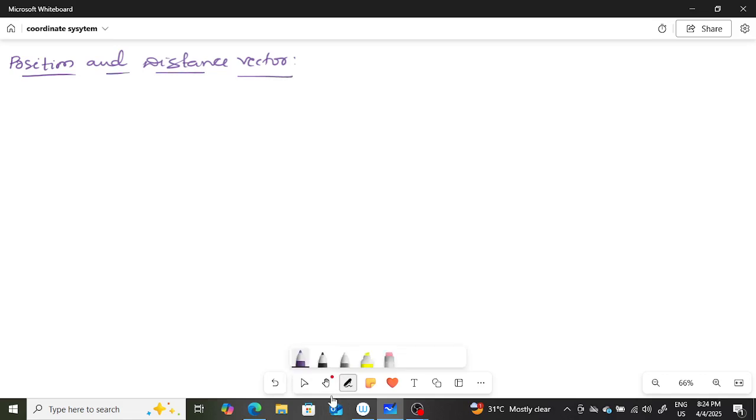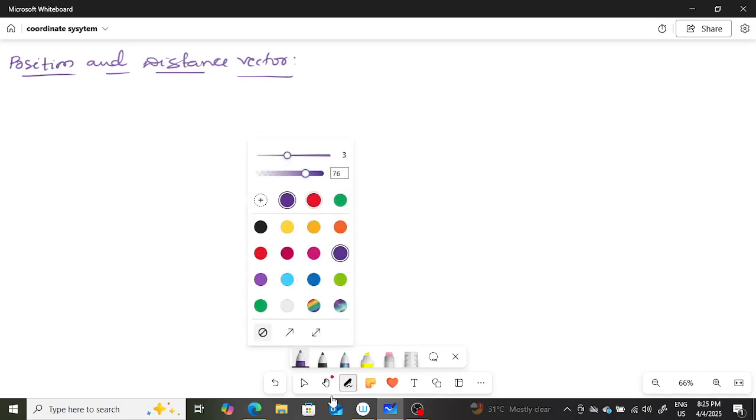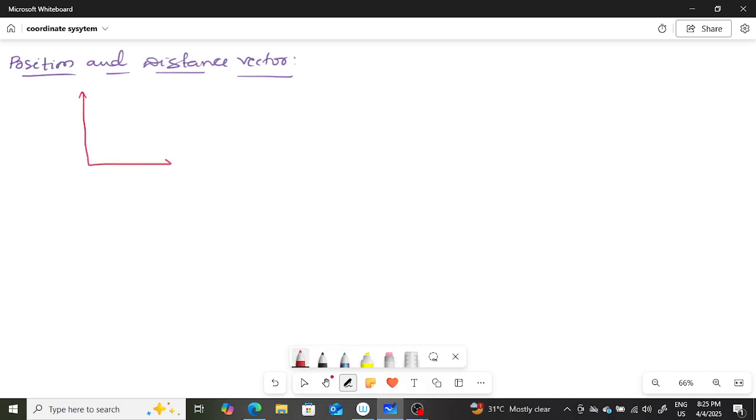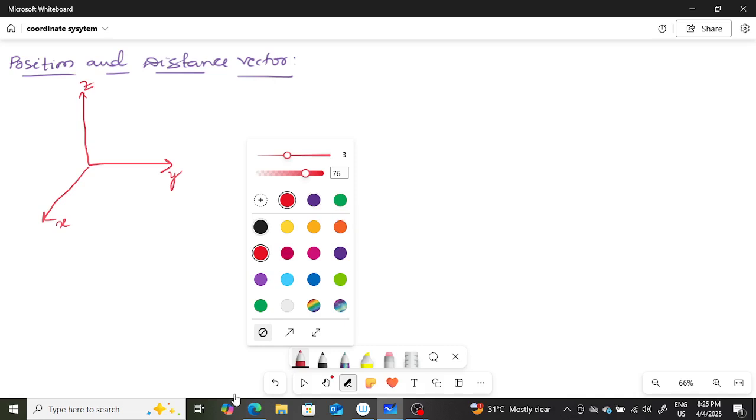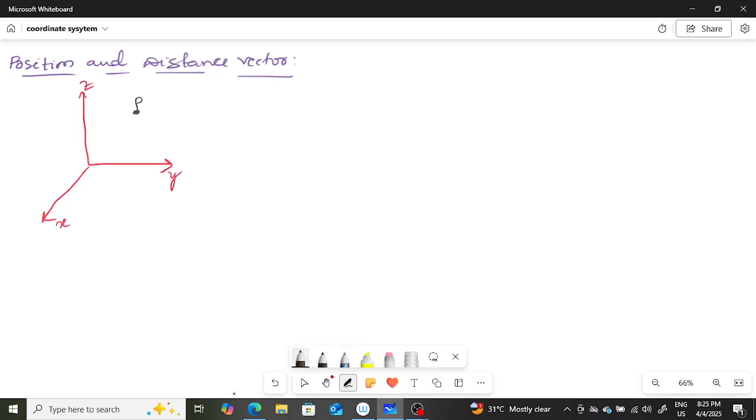Similarly, again I am going to consider the coordinate system X, Y, Z. Point P is on the coordinate system, with coordinates x1, y1, z1.